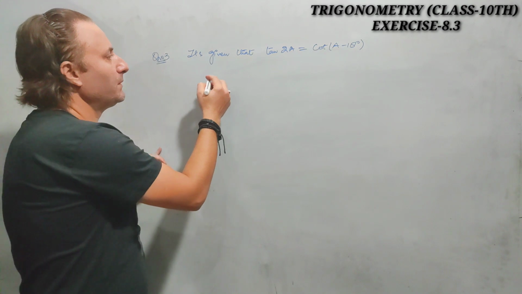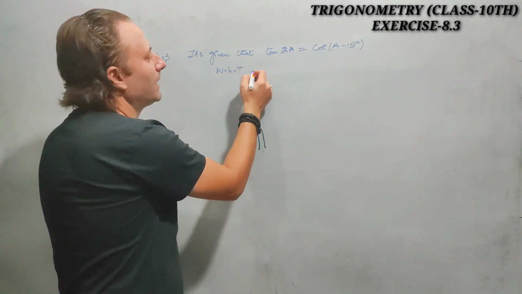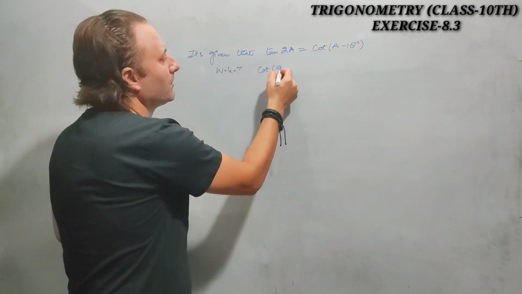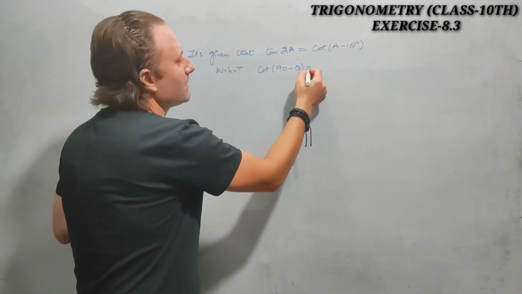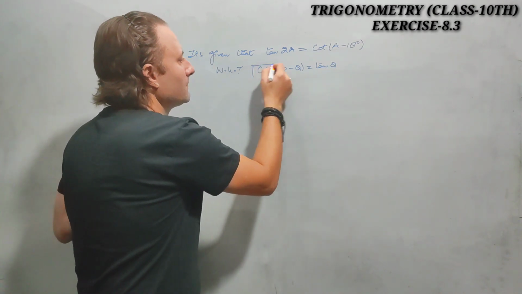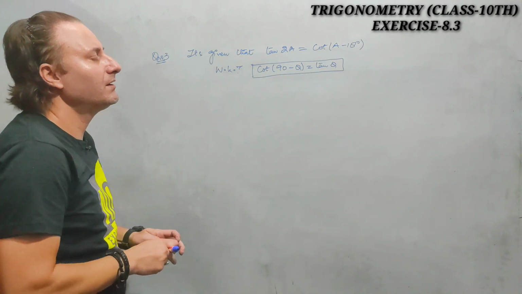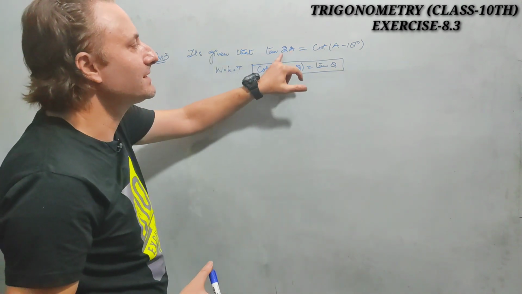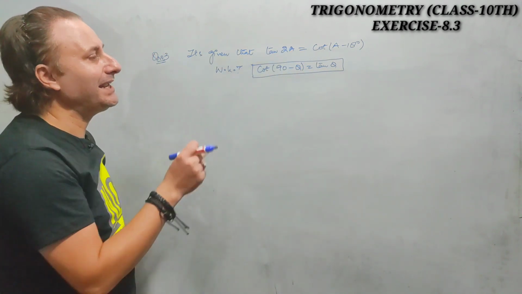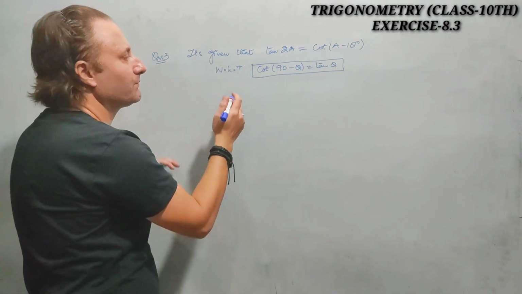So what I'm going to do here, I will write, we know that cot 90 minus theta is equal to tan theta. Right? Nothing new. So here we have tan theta. We will take 2A as theta, and if tan theta is this, what will this become?